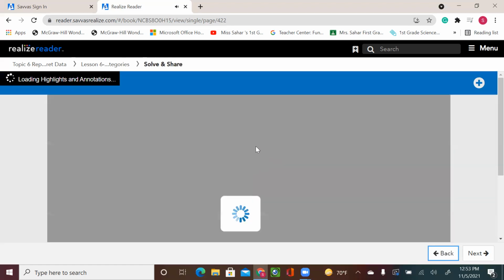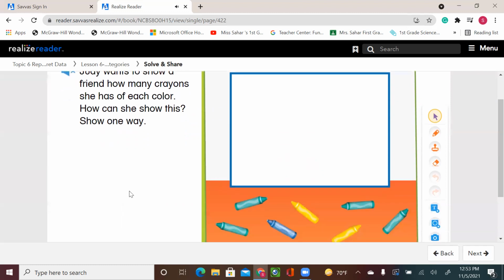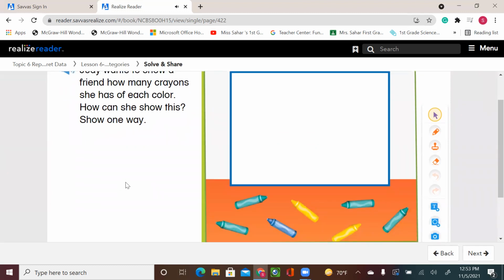Okay, let's go to our first example. Judy wants to show a friend how many crayons she has of each color. How can she show this? Show one way. So now if we practice the tally marks that we just learned, we have green, blue, and yellow.